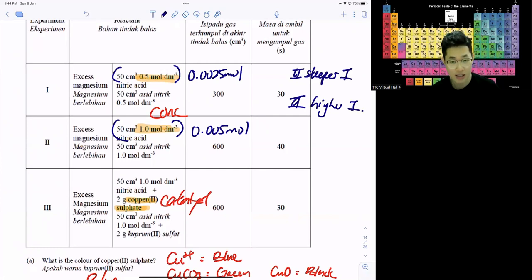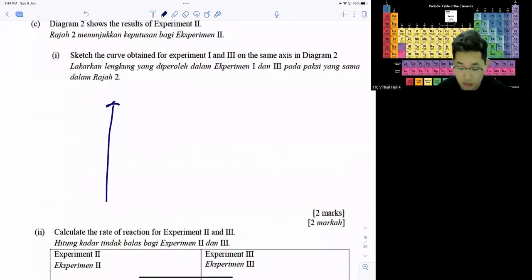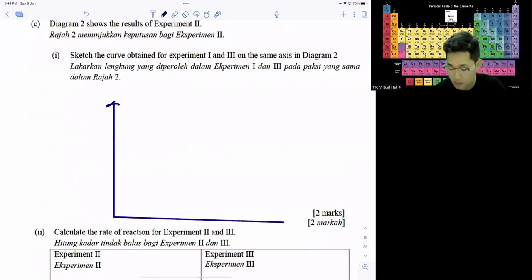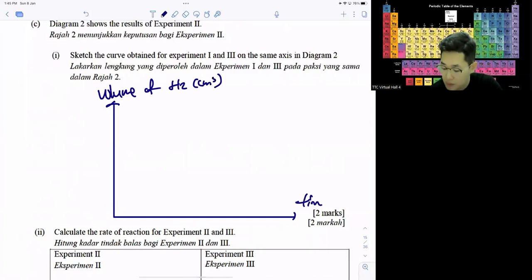So let me draw it out first. Draw a simple one.